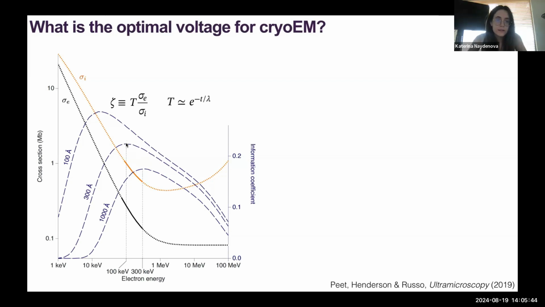So if you're operating at 300 keV with this specimen thickness, you're getting slightly less information than you would be getting at the lower voltage per unit radiation damage that you do. So based on these measurements and these calculations, we were actually convinced that for single particle cryo-EM, it is beneficial to work at a lower voltage.